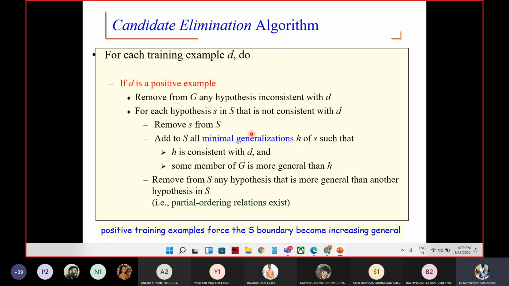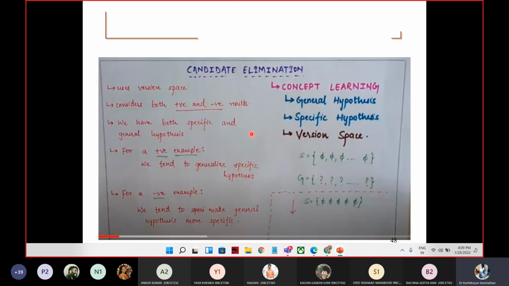Now directly I'll take you to the problem, but before that we should know the algorithm. What the algorithm says: first, you need to initialize S0 and G0, nothing but your initial specific hypothesis and general hypothesis. Step one says initialize G0 and S0.